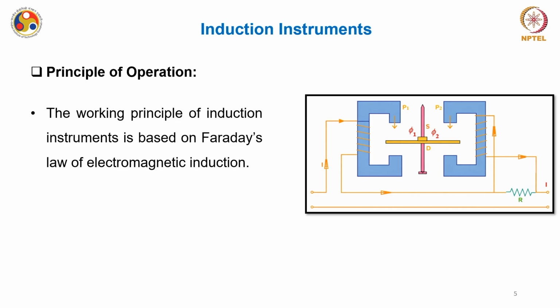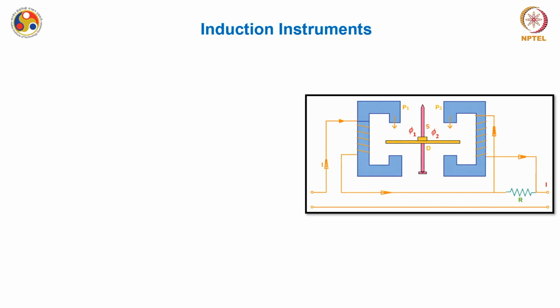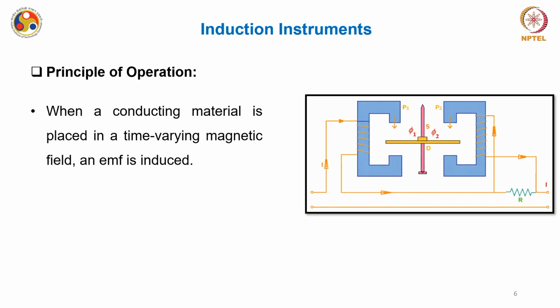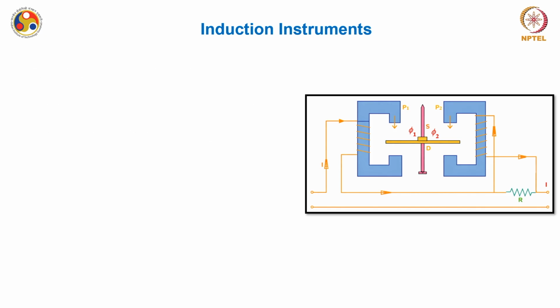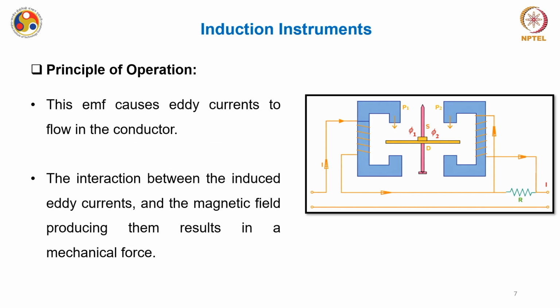Let us try to understand the principle of operation. The principle of operation of these induction instruments is very simple. They work on Faraday's law of electromagnetic induction. The idea is that when a conducting material is placed in a time varying magnetic field, an EMF is induced as per Faraday's law. This EMF causes eddy currents to flow in the conductor.